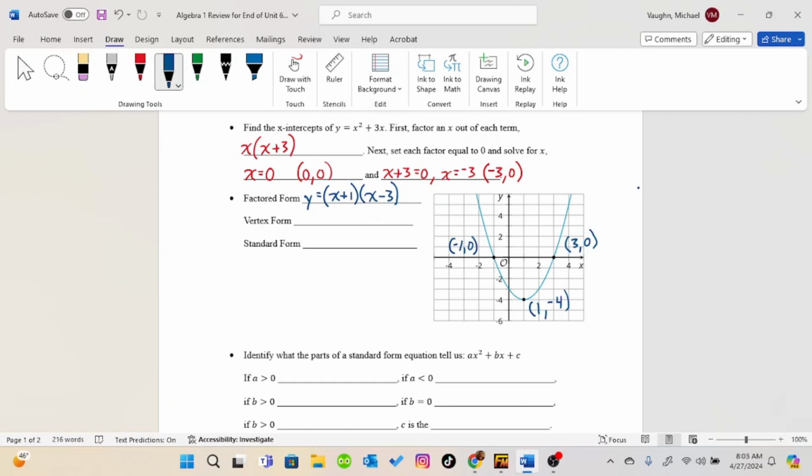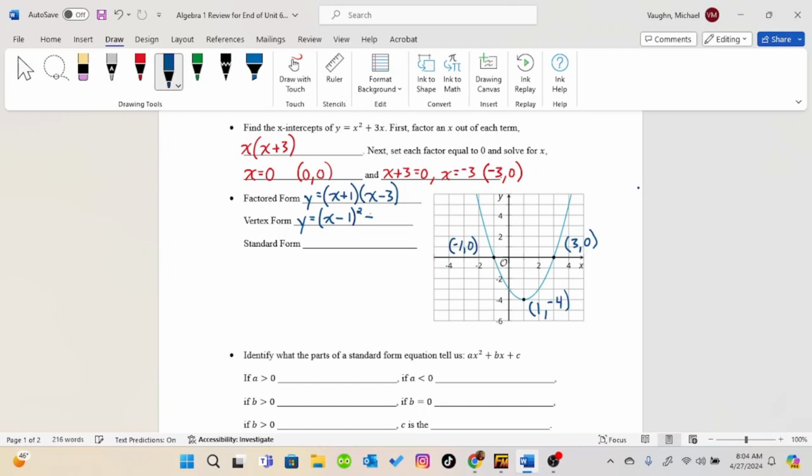Next, we need to find the vertex form. And in the vertex form, we're going to have x minus h. Well, h is the x-coordinate of the vertex, which is 1. And then this factor is squared.